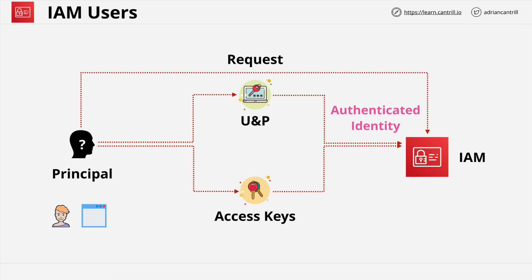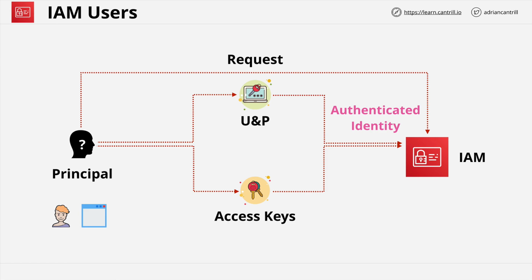That's the process of authorization. So once a principal becomes an authenticated identity, and once that authenticated identity tries to upload to an S3 bucket or terminate an EC2 instance, then AWS checks that that identity is authorized to do so. And that's the process of authorization. So they're two very distinct things.